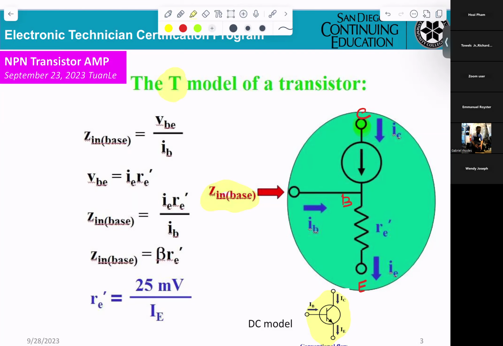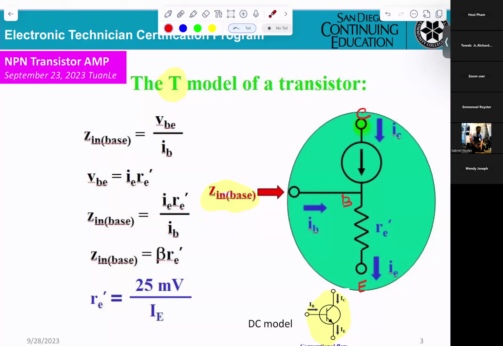I can tell you. The base is coming in after the transistor. If you're looking into it, you can see on the DC, this is the base, and this is the emitter. The difference between the base and emitter will be the diode.